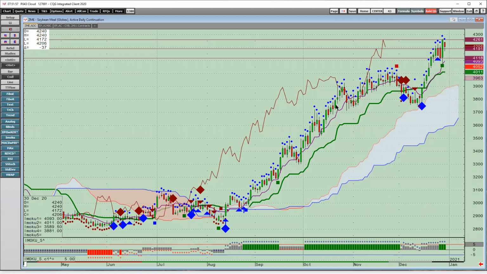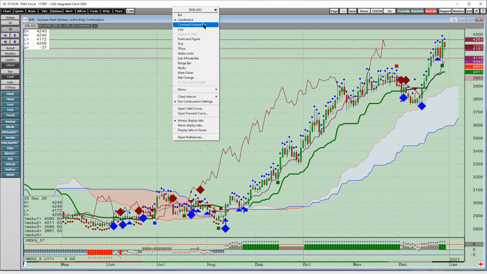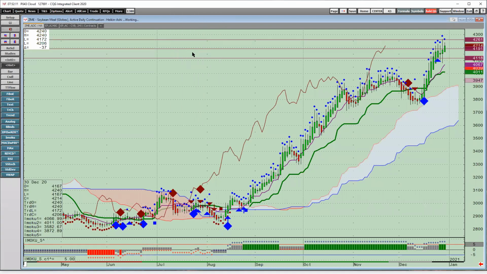Now, a lot of times I'll put on a bar chart, and I'll color it with, say, Heikin-Ashi coloring, because you'll notice that if I go here to a Heikin-Ashi, which has the smoothing color, what you see is the close on the Heikin-Ashi isn't the close, it's the open, high, low, close divided by 4.